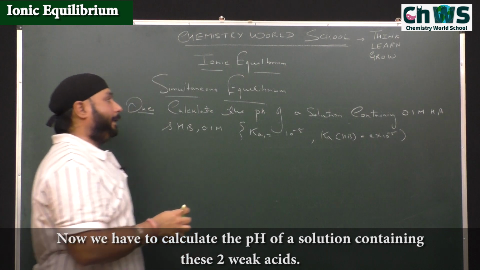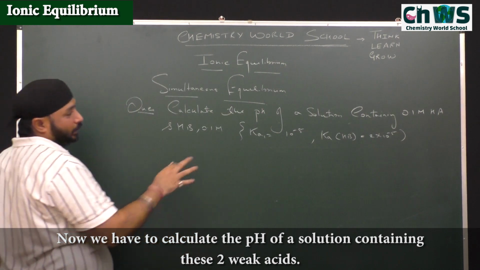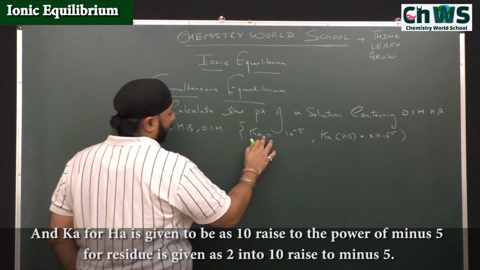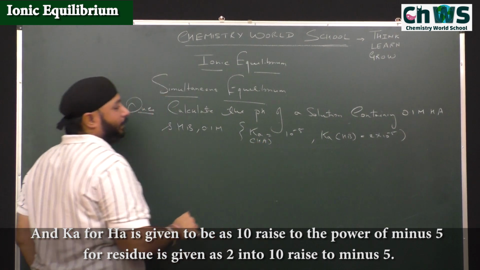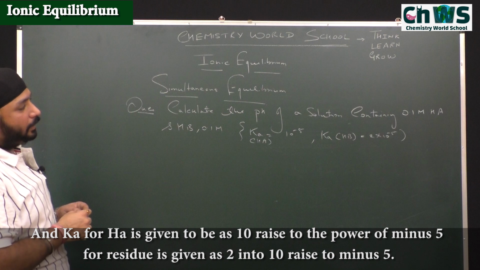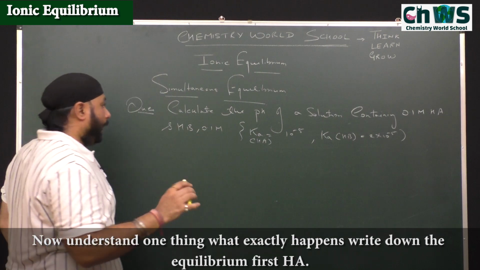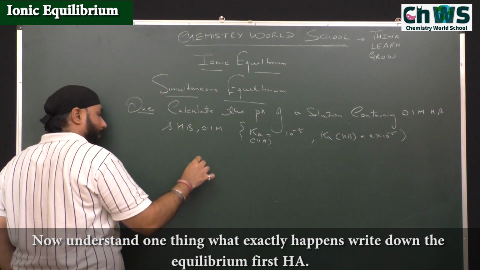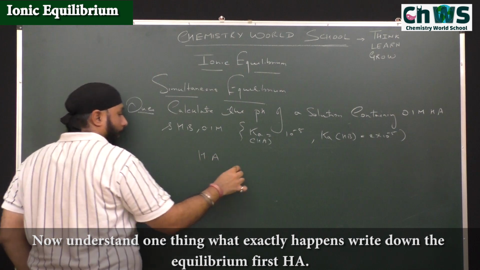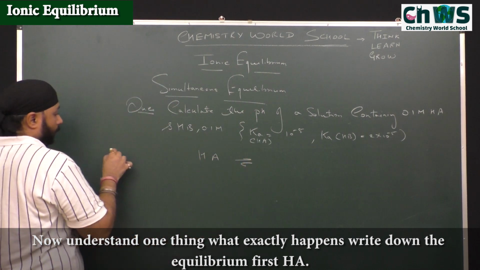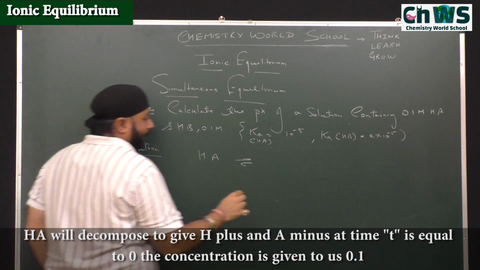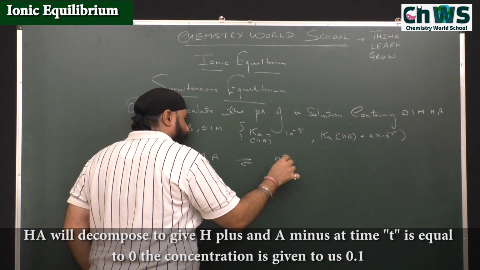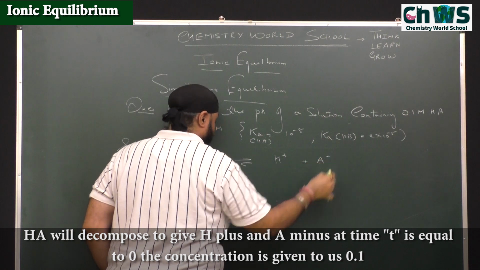Now we have to calculate the pH of a solution containing these two weak acids, and Ka for HA is given to us as 10 to the minus 5, for HB it is 2 into 10 to the minus 5. Now understand what exactly happened. Write down the equilibrium first. HA will decompose to give H plus and A minus.